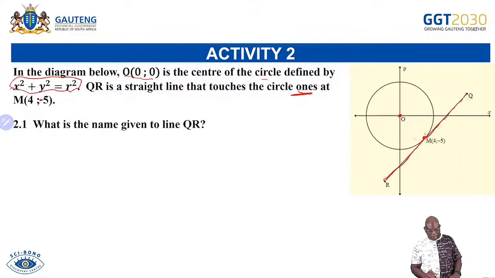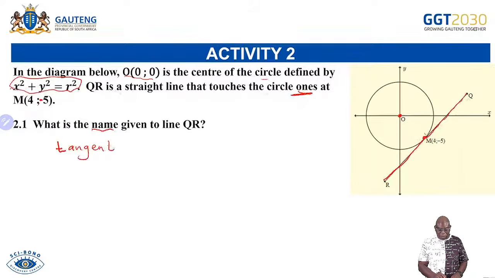So now, what is the name? I've never seen a very, very easy question like this. What is the name given to the line QR? They've already given you a hint. I can hear all of you in Gauteng saying that line is called a tangent. So it is a tangent. What has given it away?